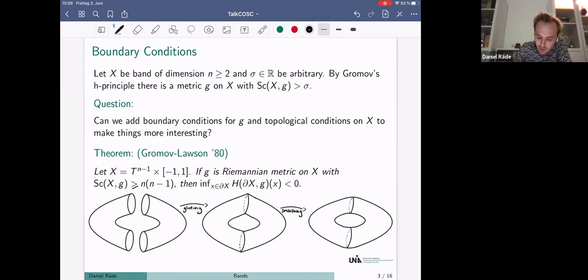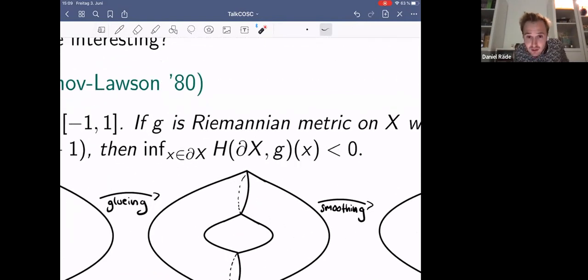So the idea is the following. You assume that you have such a metric, then you take two copies of it and glue them together along their isometric boundaries. And the problem is, with this gluing, you will not get a smooth metric. So I try to draw a crease here. I don't know if it's very noticeable, but yes, it's not smooth.